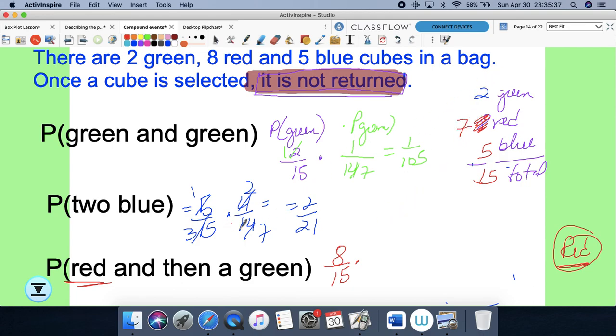Now you're going for green. What's the probability of getting green? Well, the probability of getting green is 2, but how many do you have now? You don't have 15, you have 14. So that's what makes this dependent, because the second experiment has been affected by the first one. And that's what you have to really pay attention to.